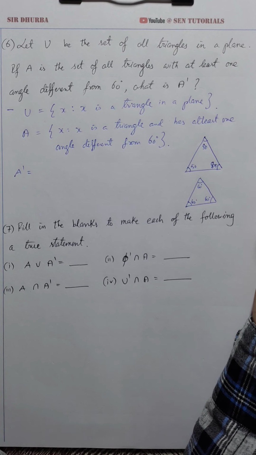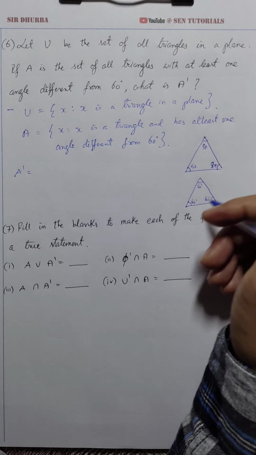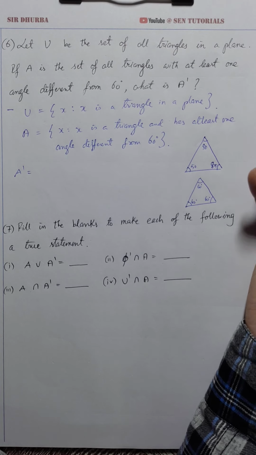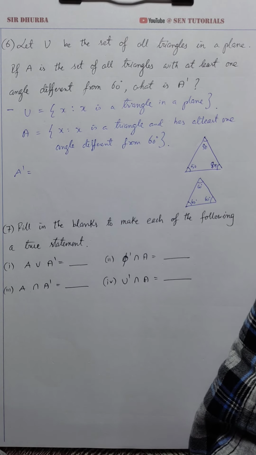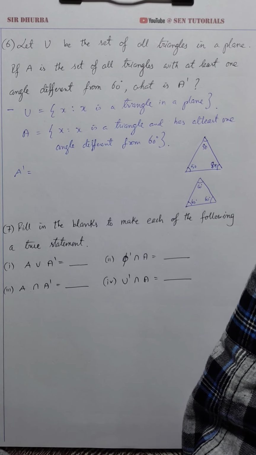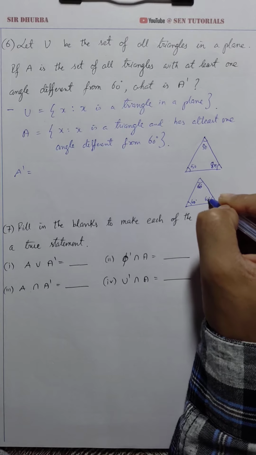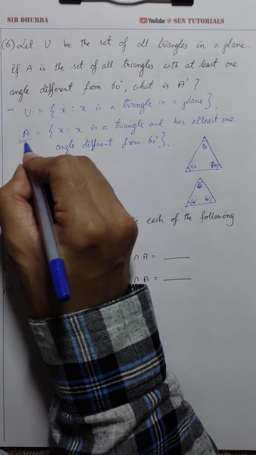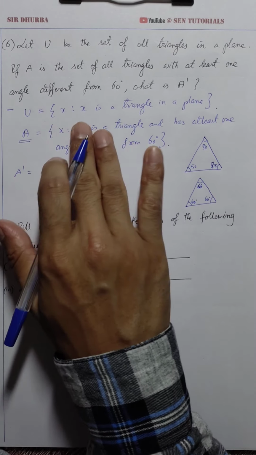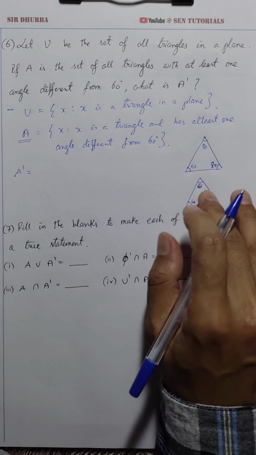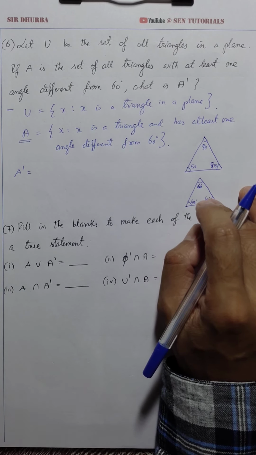So we can counter that by just saying that all are 60. All are 60 completely disproves this part, that is leaving aside the set A. So A complement will be all the angles are 60 degrees.